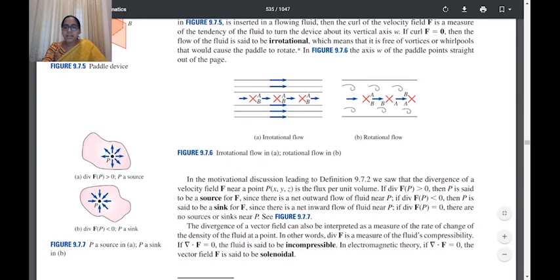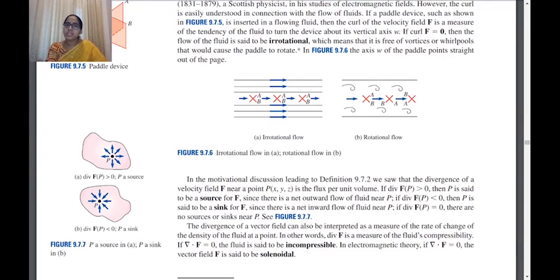In those terms, if the divergence is 0, the fluid is said to be incompressible. Again, you can just remember these terminologies for application problems. If you are asked to check whether the fluid is incompressible or not, we just have to calculate the divergence of F, and if it is 0, then that fluid is incompressible.